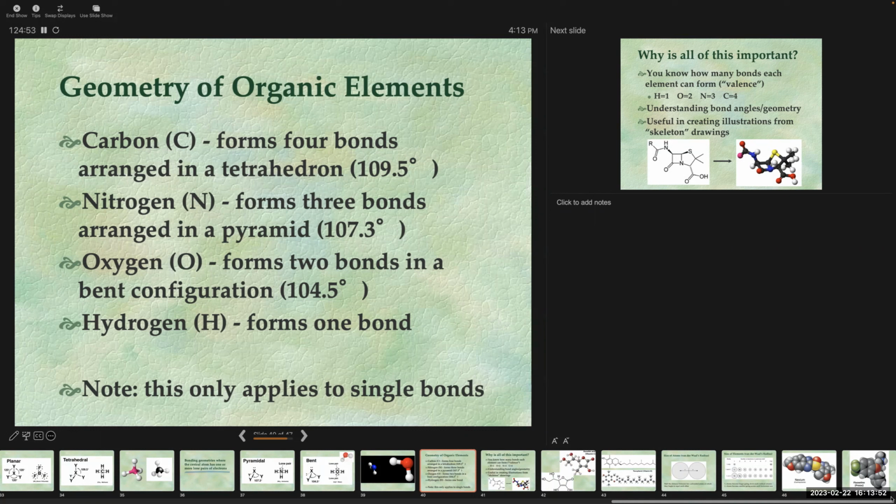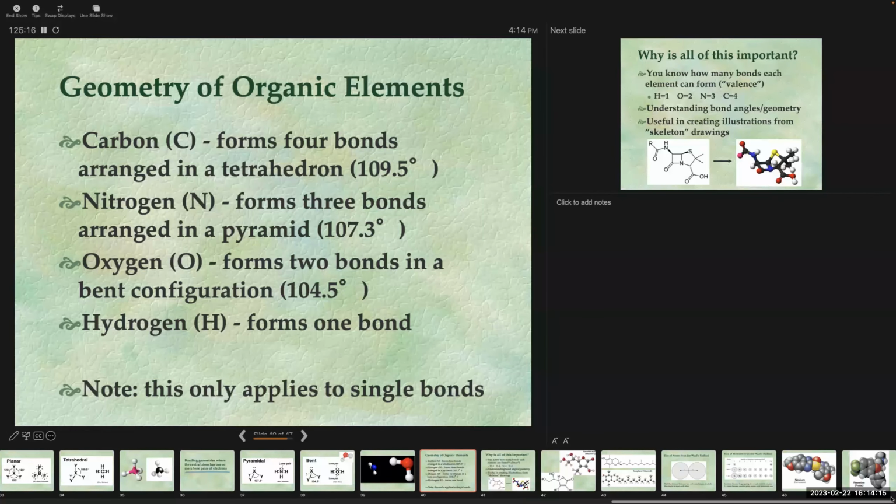But the word valence by itself, if I just say, what's the valence of nitrogen? Even though nitrogen has 5 valence electrons in the outer shell, the valence of nitrogen is 3 because it forms 3 bonds. So the word valence simply means how many bonds does an element form.